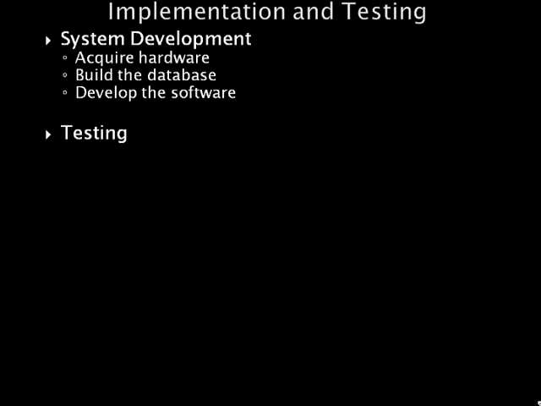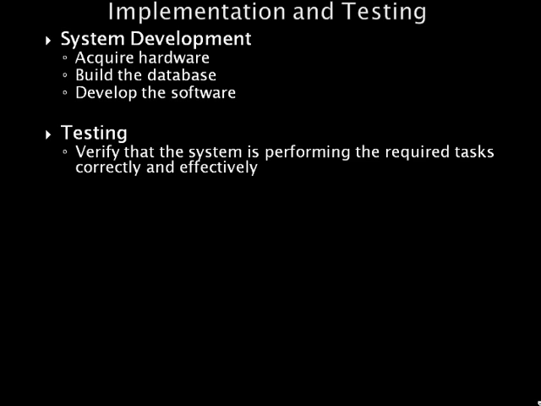Testing is important in order to verify that the system is performing the required tasks correctly and effectively. Different testing methodologies are available to detect the bugs that were left out during the previous phases. Sample data is fed into the system.